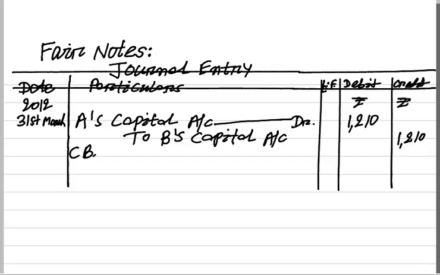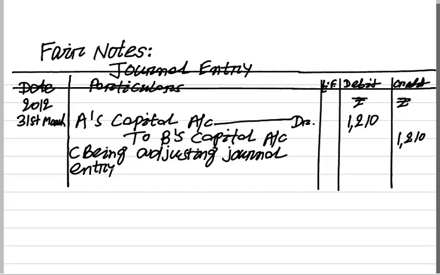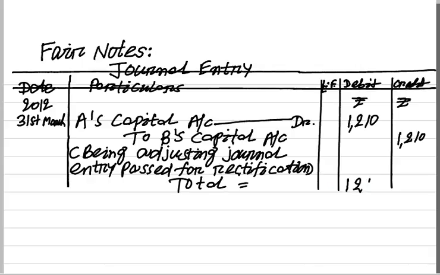Being adjusting journal entry passed for rectification. This is total and close. 1210, 1210.